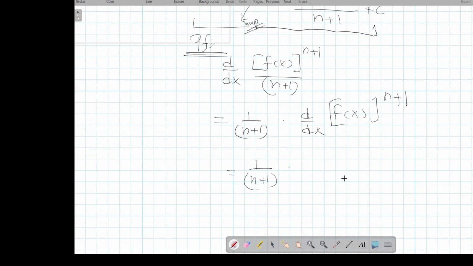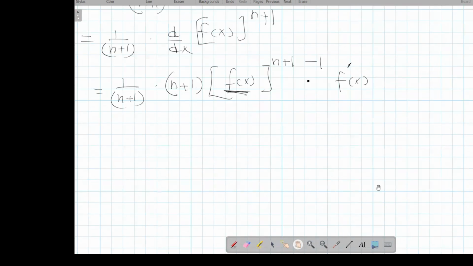Using the power rule, the power will come down and subtract 1 from the power. This is the formula or power rule. And multiply the derivative of the inside function, the argument function. This is the chain rule.